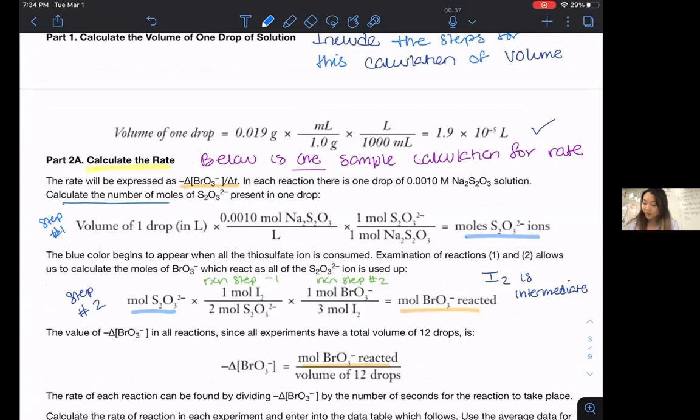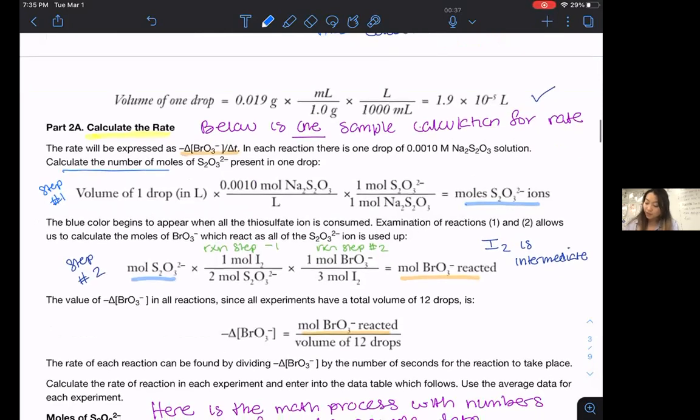So your persulfate, you have to use your molar ratio between your reaction. Once you figure that out, knowing that you are using a 0.0010 molar solution of sodium persulfate, by the way, you can trust that because this is from a lab kit from Flint Scientific, so the solutions are exact.